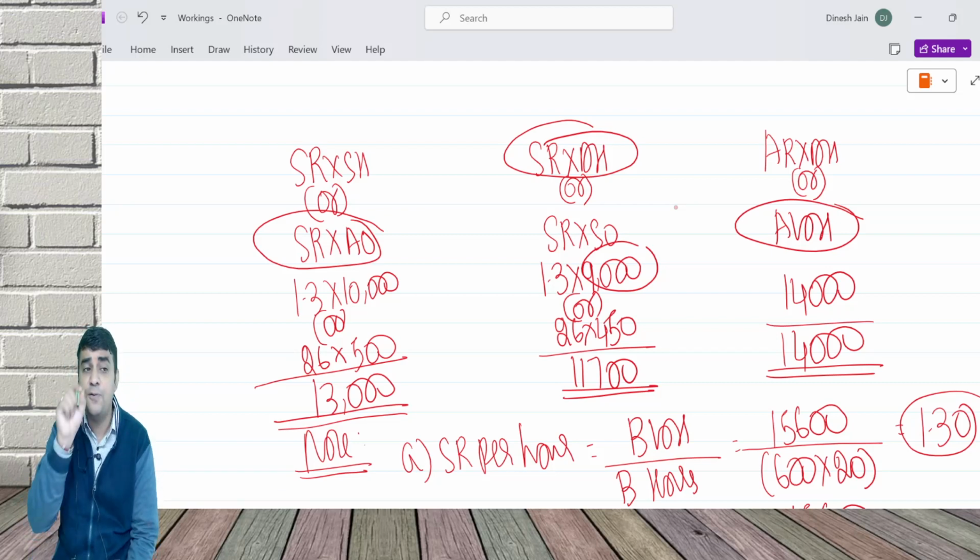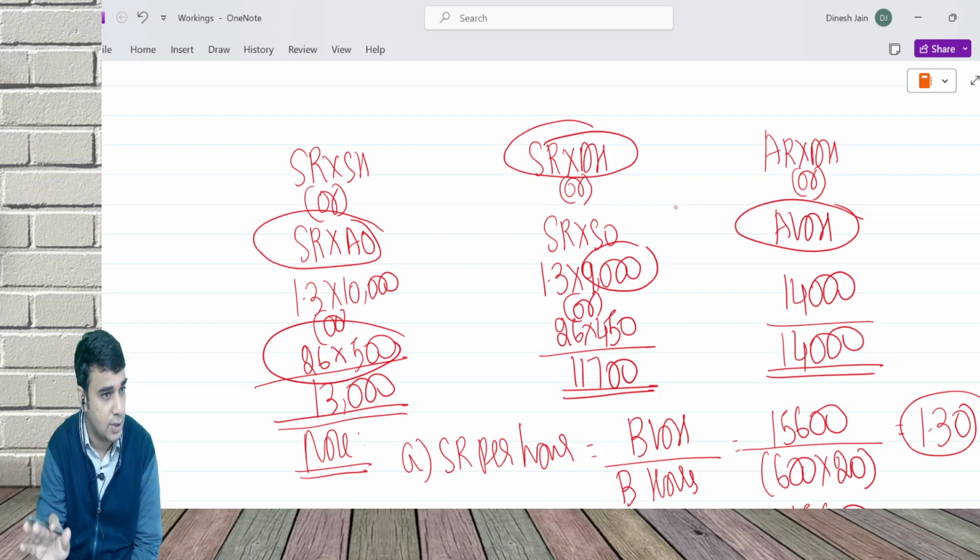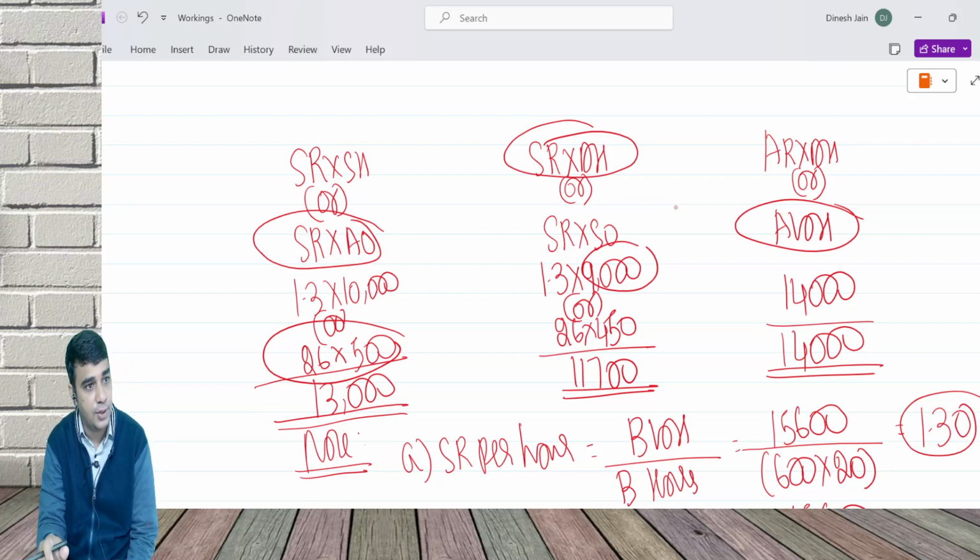So in the formula for variances, don't say SR into AO, I want to change. Then every time changing the formula you get stuck. You can change the formula if you are confident, but I don't want to get into formula changing at all. Imagine the chart. Chart said SR into SH minus SR into AH. So this is SR into SH. 26 into 500 is also SR into SH, and 1.3 into 10,000 is also SR into SH.